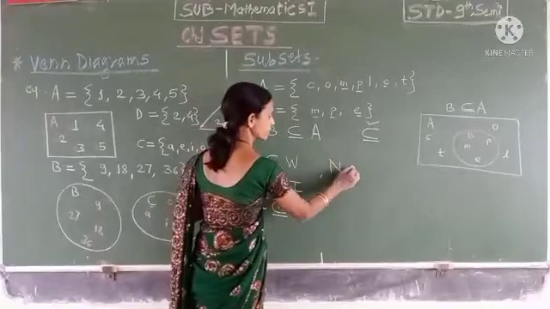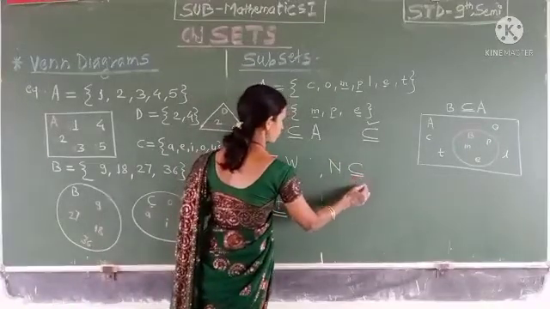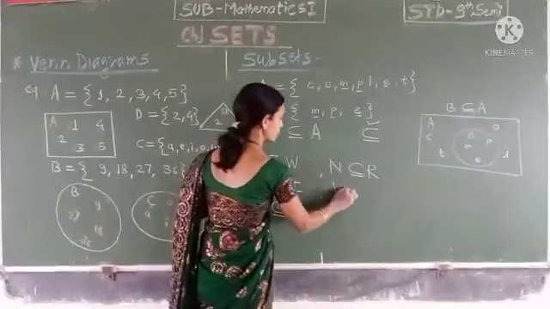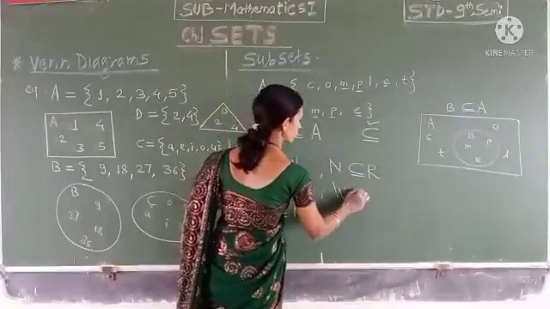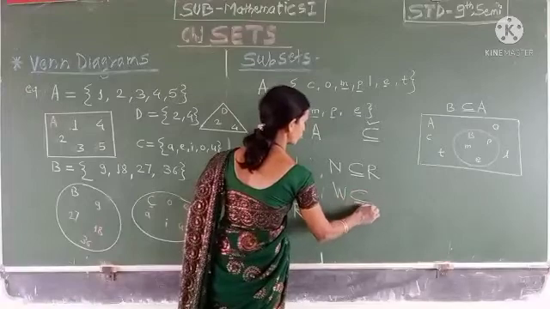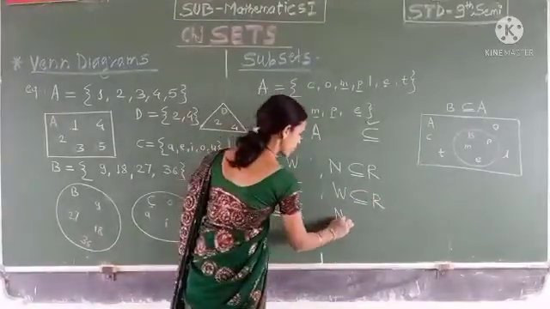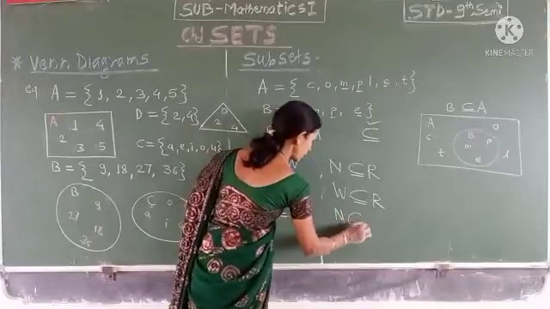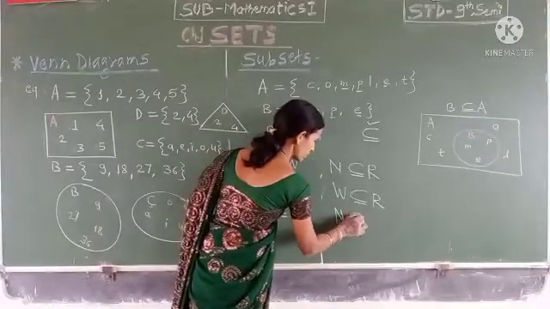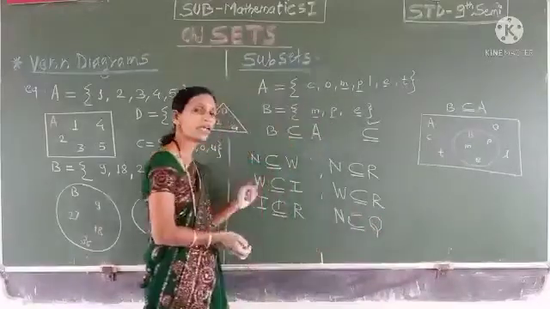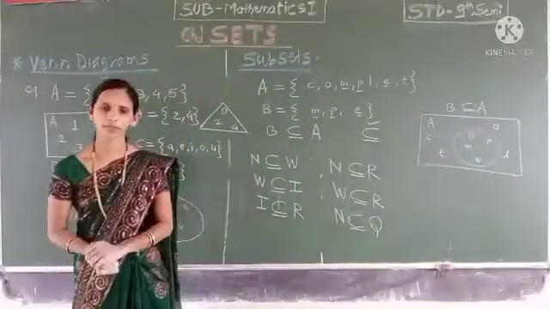The natural number set is also a subset of the real number set. The whole number set is also a subset of the real number set, and the natural number set is also a subset of the rational number set. Q is the rational number set.